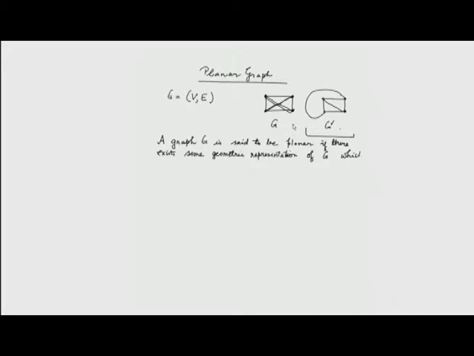which can be drawn on a plane such that no two of its edges intersect.